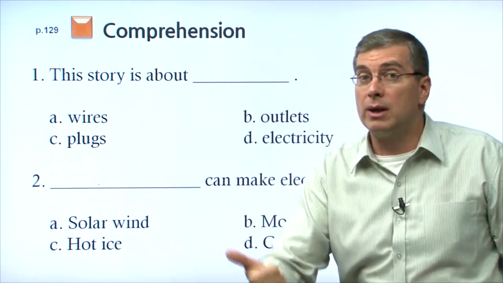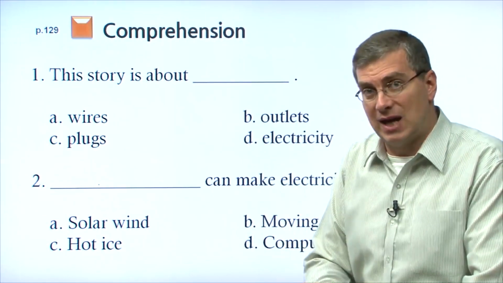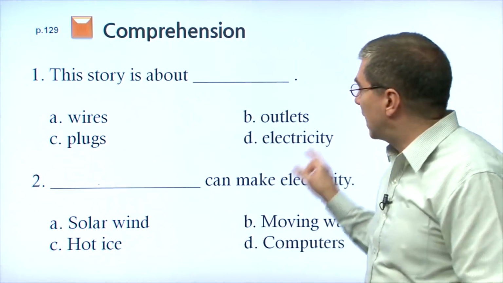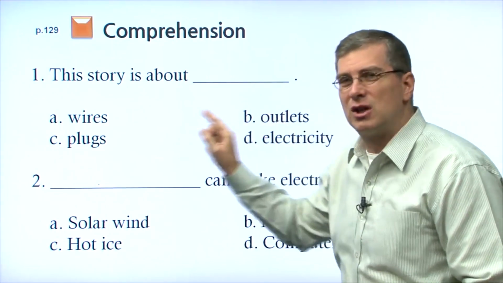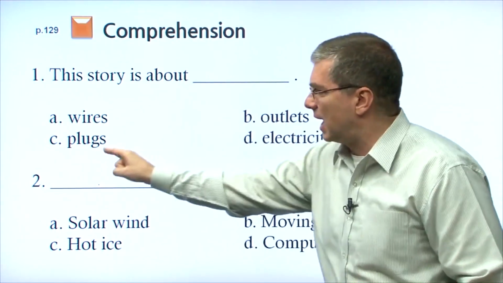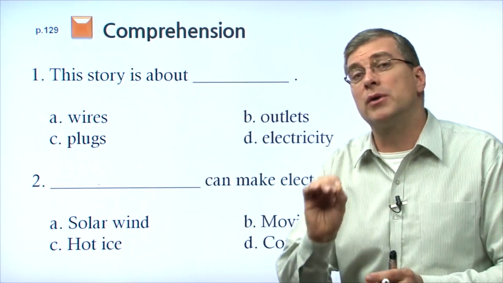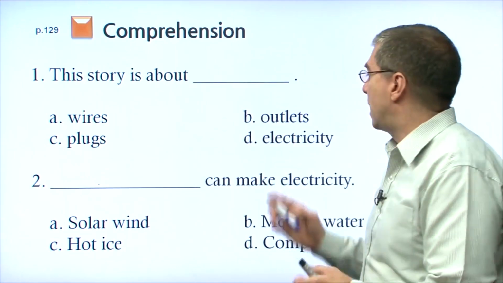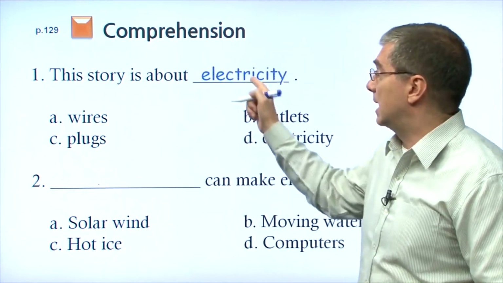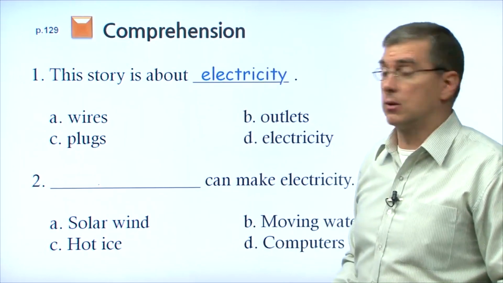We talked about how electricity is made, how we can use it, and the fact that it is dangerous. So all of these things have to do with electricity. Even though we mentioned briefly these items, the story is not about those things. Those were just small details in the story. The whole story is about electricity, and that is our answer, electricity, the topic of the story.